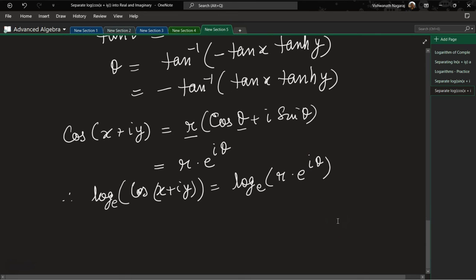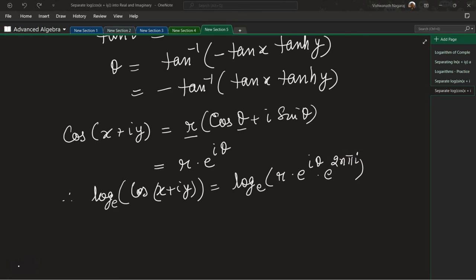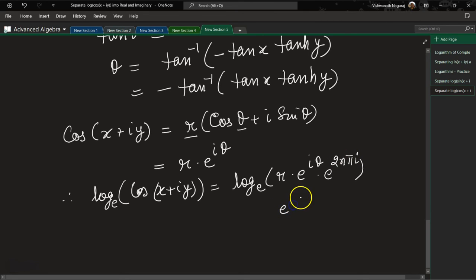And to this I can add 1 in any form without changing its value. So e to the power of 2n pi I multiplied. Okay, if you want to confirm it, let's very quickly do this.